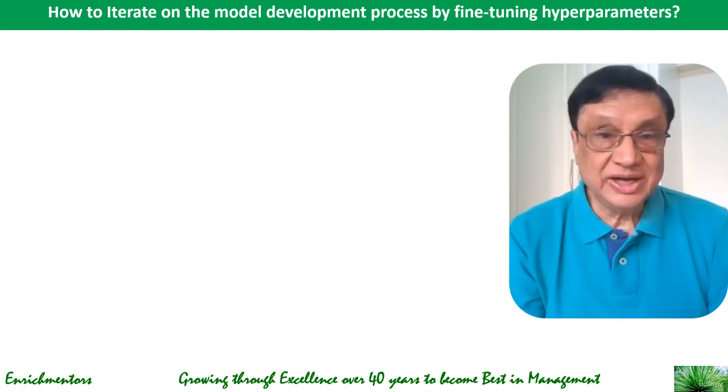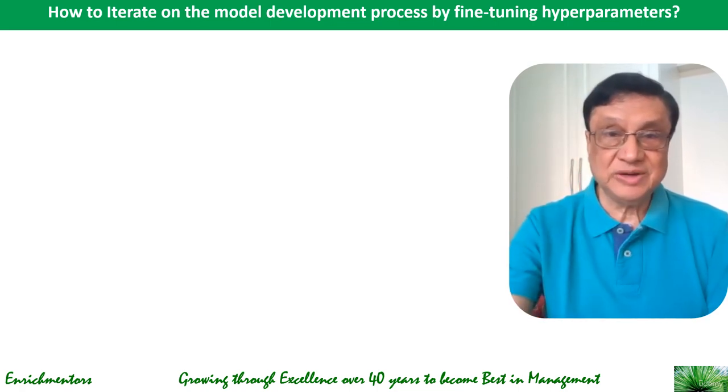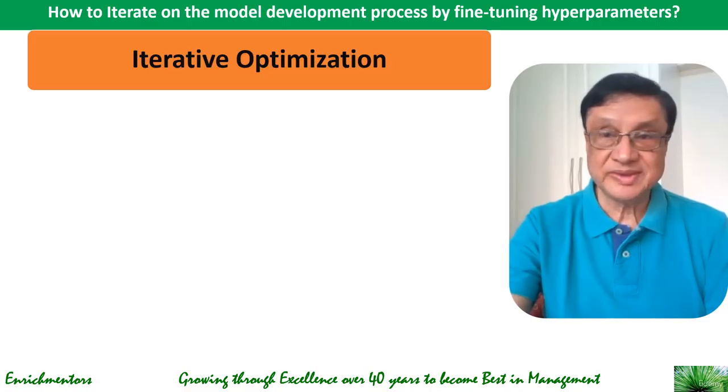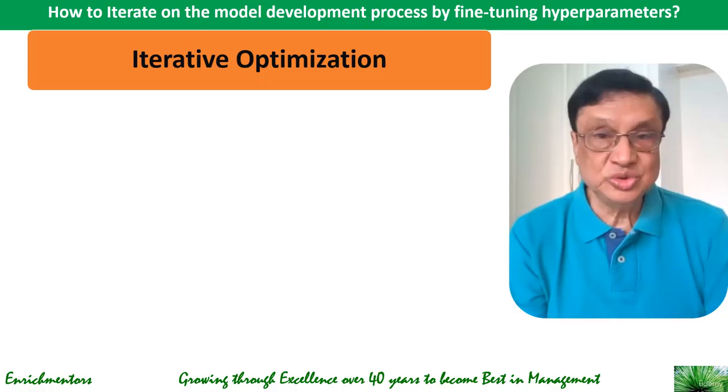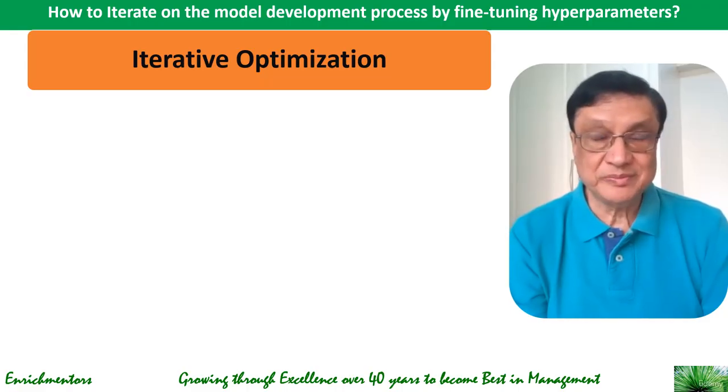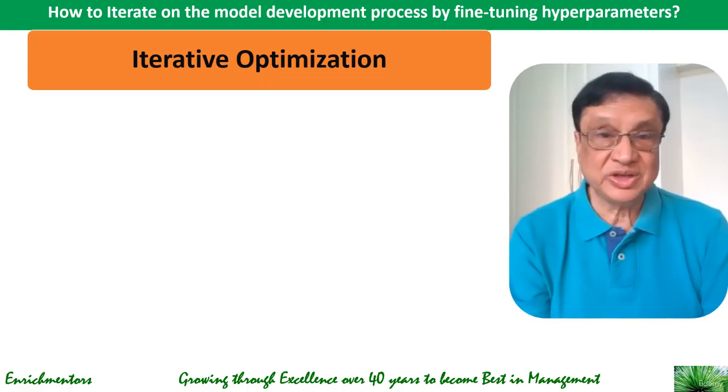Then you iterate through the following steps until a stopping criteria is met in iterative optimization. You start by choosing a hyperparameter optimization technique to explore the space and select new hyperparameter configuration.